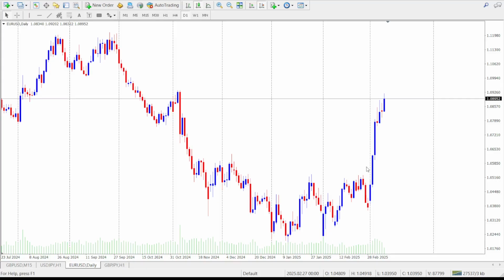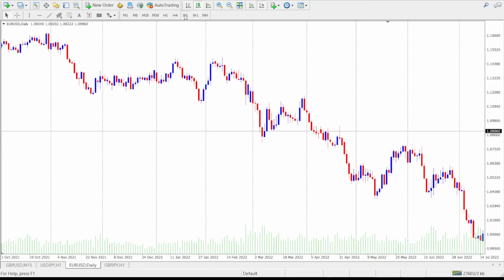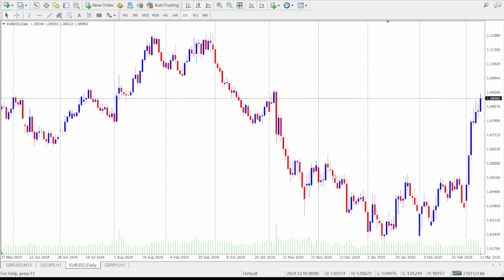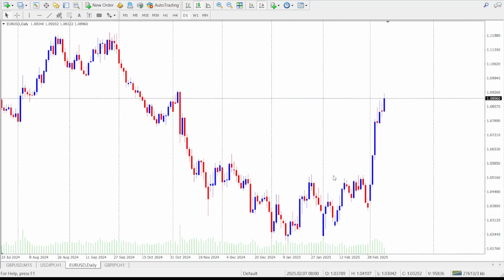All right, now let's break this down in more detail. The first step is to start with a higher time frame. You cannot trade effectively if you do not know the bigger picture. So you have to start by looking at the weekly or the daily chart. These higher time frames give you a solid understanding of the dominant trend.